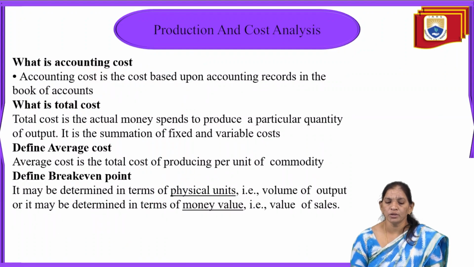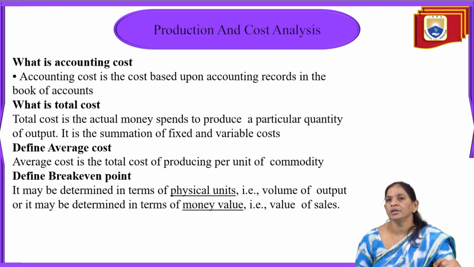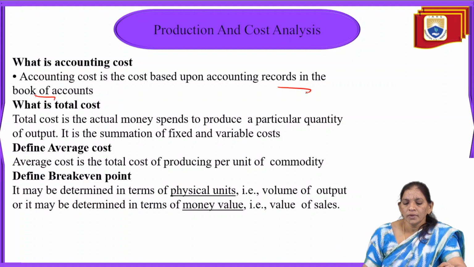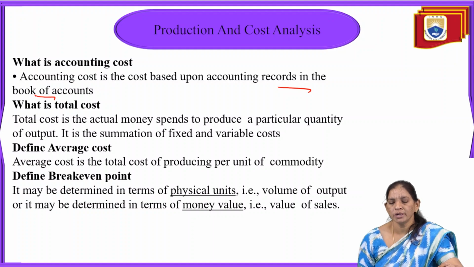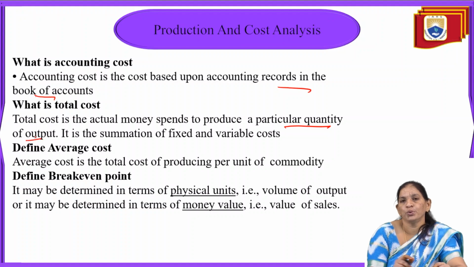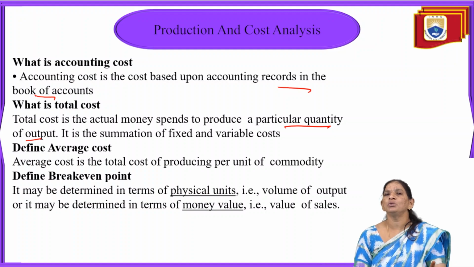What is accounting cost? An accounting cost is a cost based upon the accounting records in the books, meaning what we record in the accounting every day through its ledger. What is total cost? Total cost is the actual money spent to produce a particular quantity of output, meaning the internal and external cost, or the direct and indirect, all types of cost together.